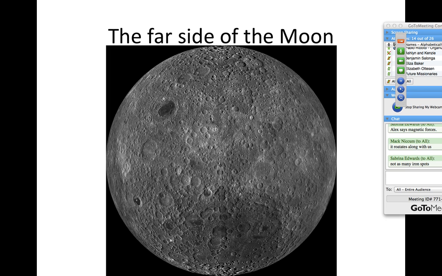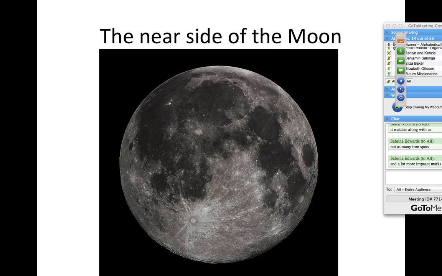Sabrina, you say that it doesn't have as many iron spots. That is correct if you refer to the iron spots as these darker spots. They are not really iron. They are basaltic basins, the remnants of volcanic activity.